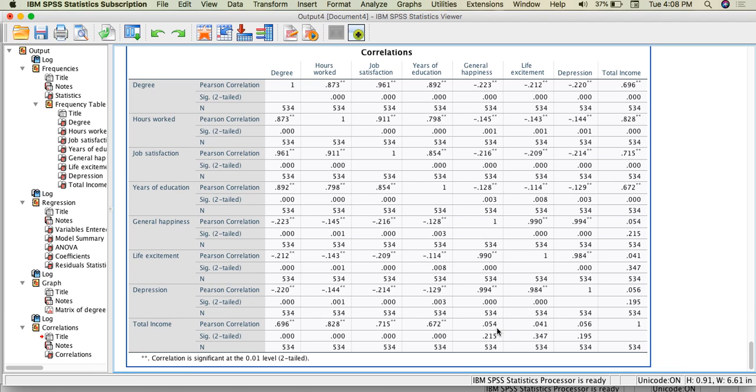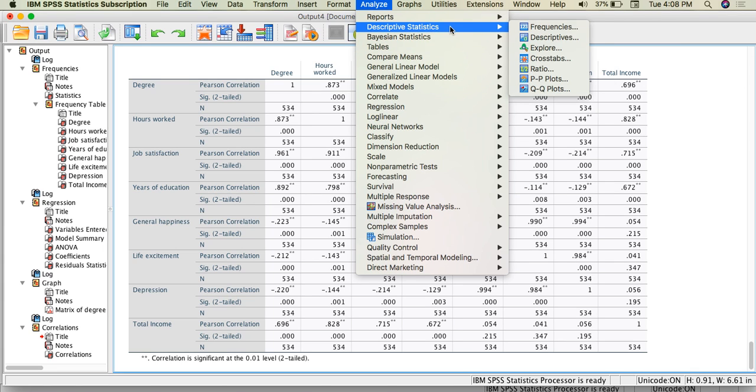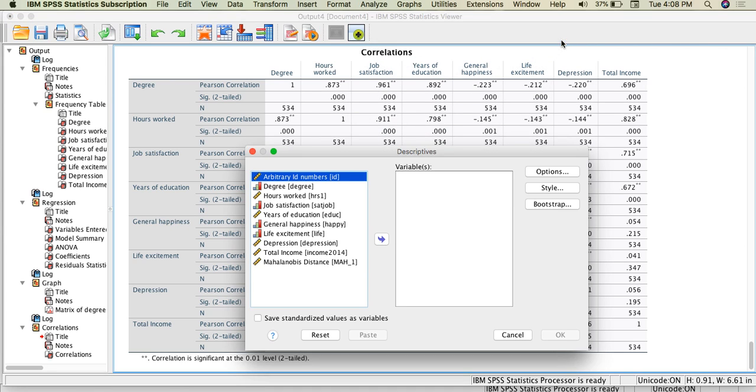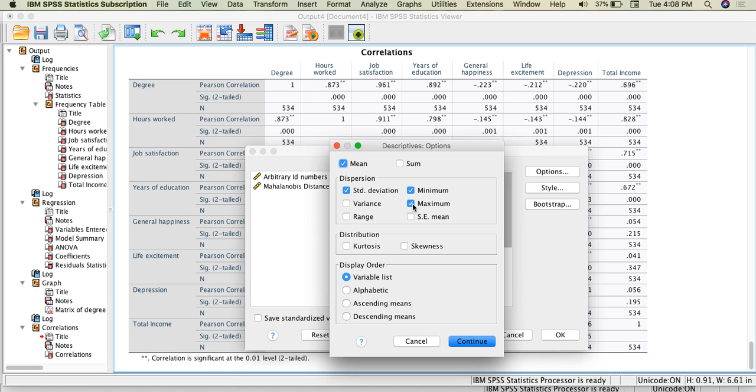Another one that you can check is to look at normality. Now, you wouldn't transform anything in a data set like ours. We're not going to do any transformations if skewness is bad. But we do want to at least know if we have skewness problems.